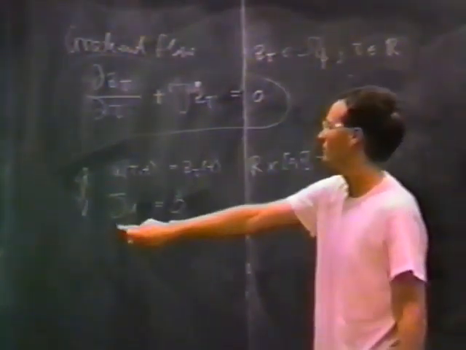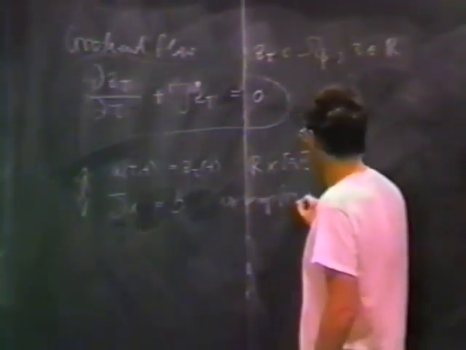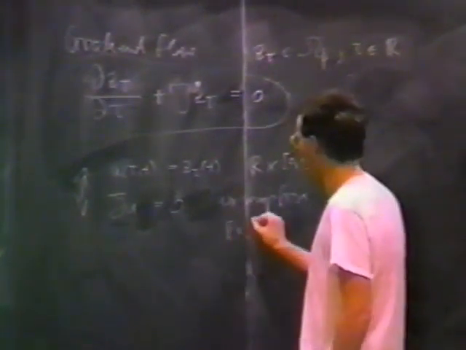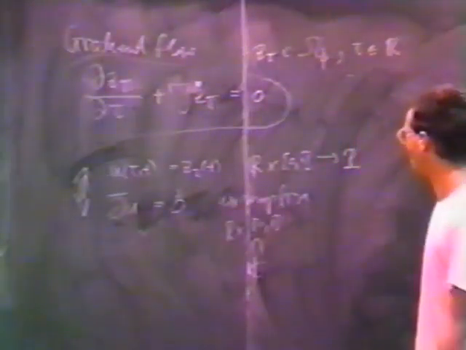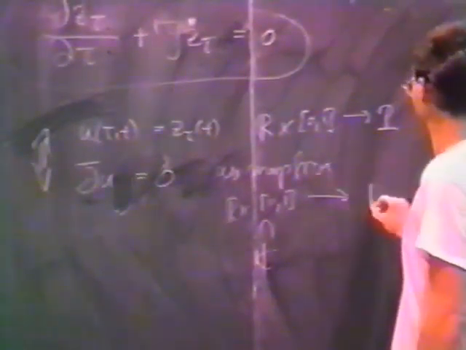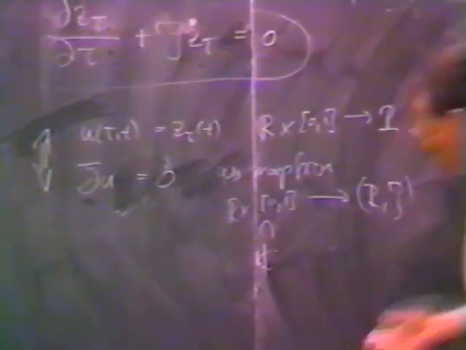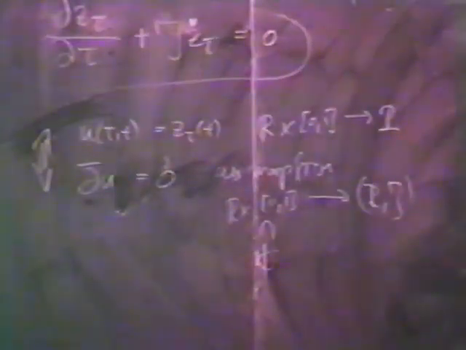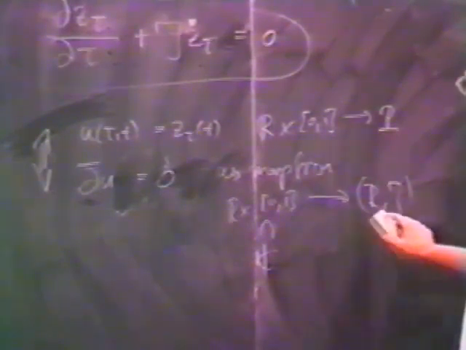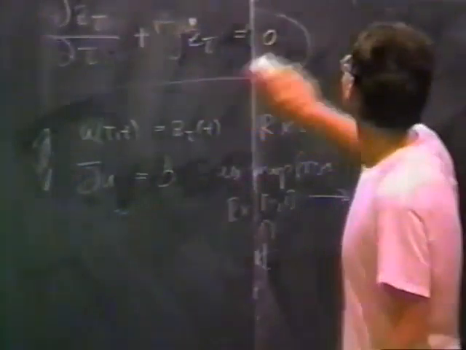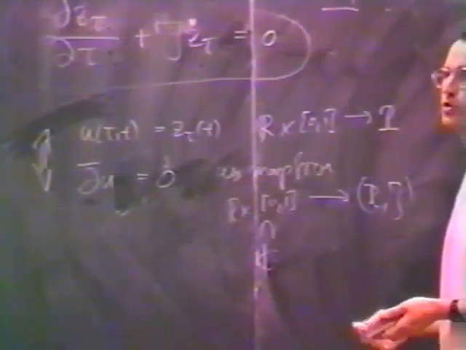This is to be interpreted as a map from R cross [0, 1], as a subset of C, a complex plane, into the almost complex manifold P with J. So the trajectories of the gradient flow are holomorphic maps from the strip into P, which for each tau are elements of the space omega. That is, they satisfy a certain boundary condition.